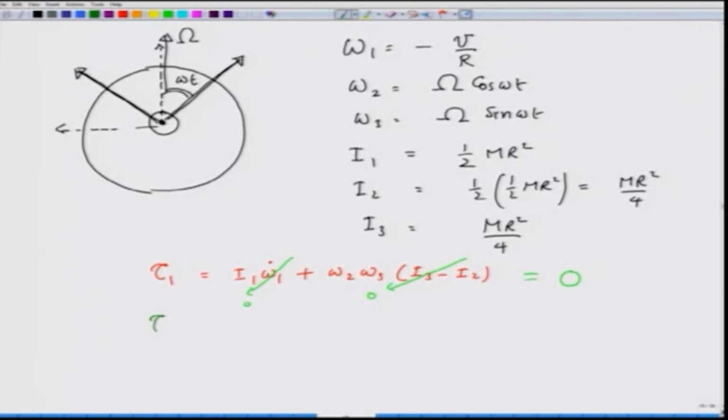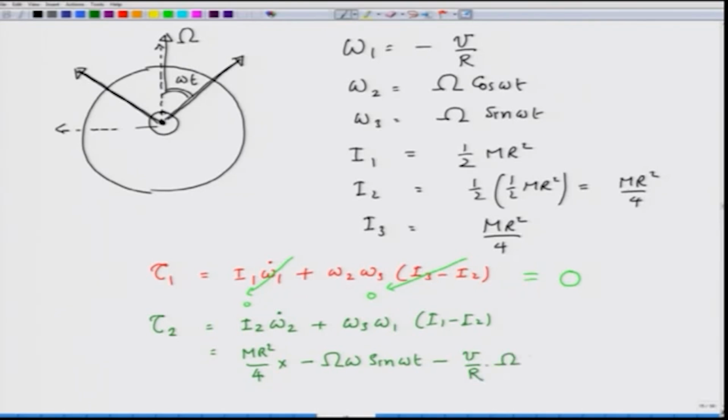How about tau 2? Tau 2 is going to be I2 omega 2 dot plus omega 3 omega 1 times (I1 minus I2). I2 is m r square by 4 times omega 2 dot, which is minus capital omega omega sine of omega t, plus omega 3 omega 1, which is going to be minus v over r, where omega 3 is capital omega sine of omega t, and I1 minus I2 is m r square by 4.